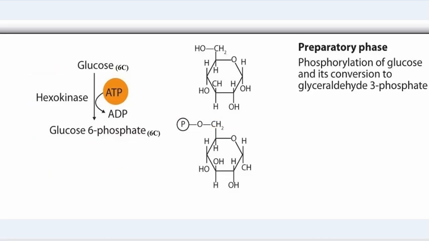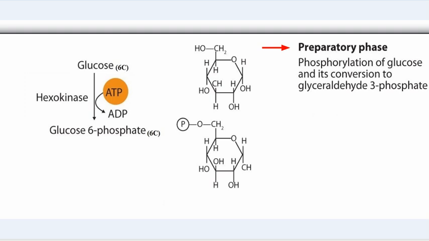glycolysis. Now, my dear friends, before I go further towards all the steps, I want to tell you the two main phases of glycolysis. The first phase of glycolysis is called the preparatory phase. Preparation is going on.